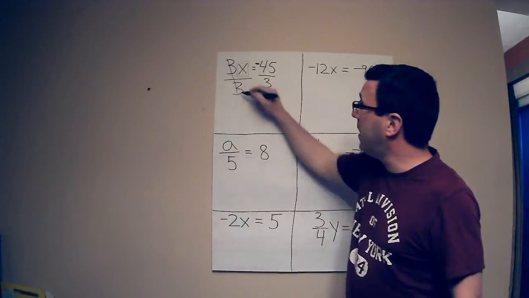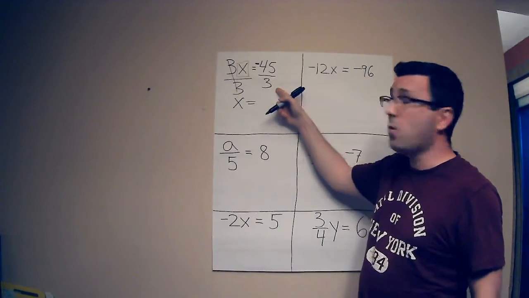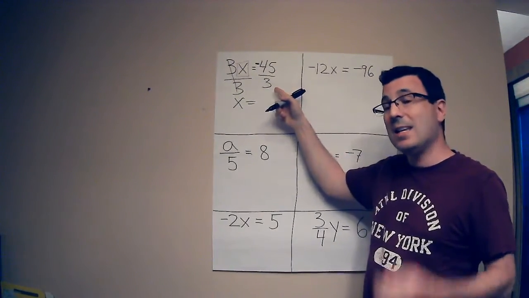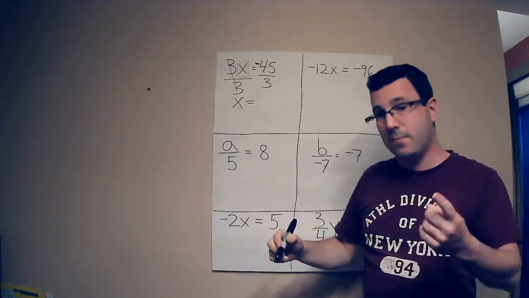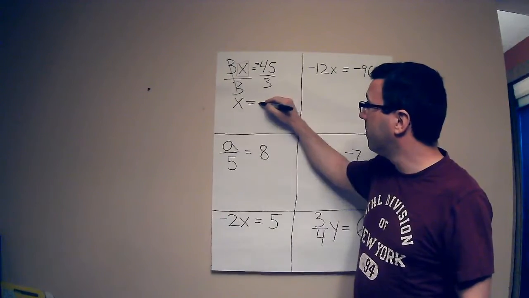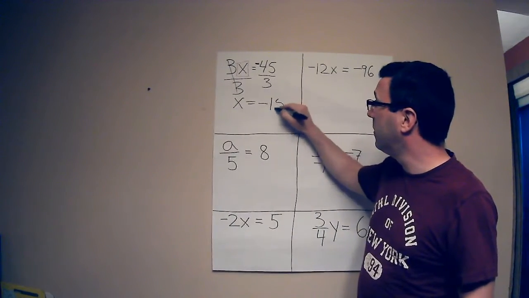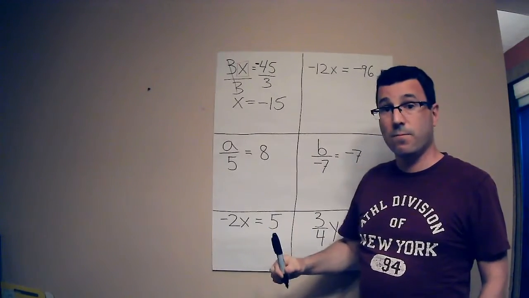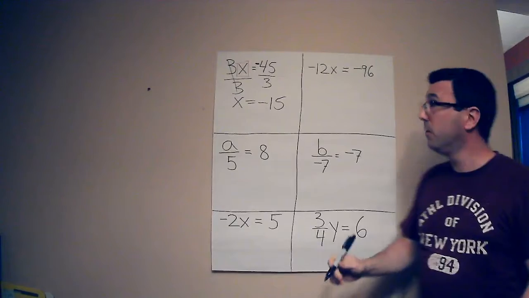My 3's cancel out. The x comes down. Negative 45 divided by 3. A negative divided by a positive, negative. 45 divided by 3 is 15. One-step equations, not too difficult.